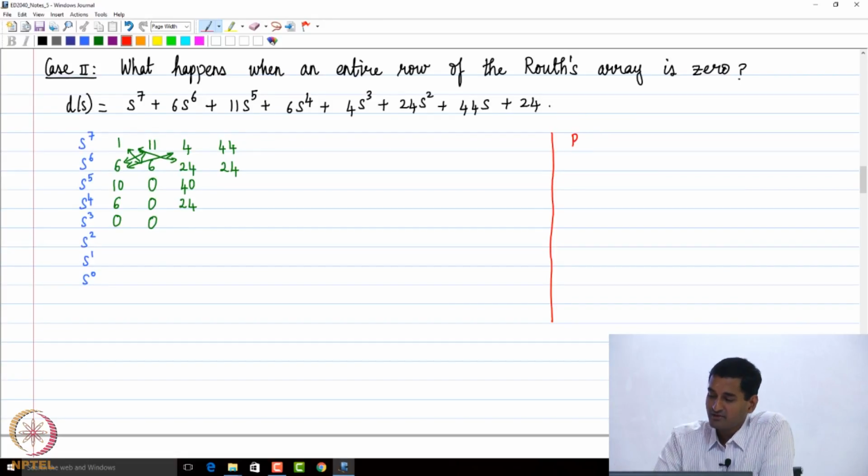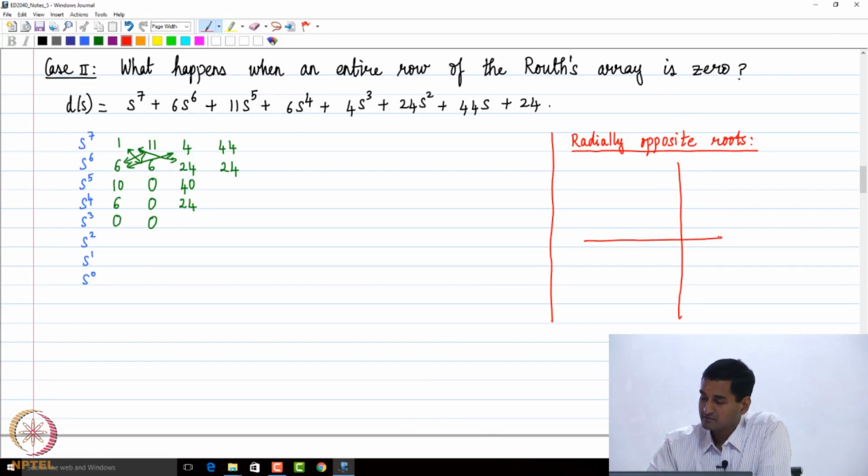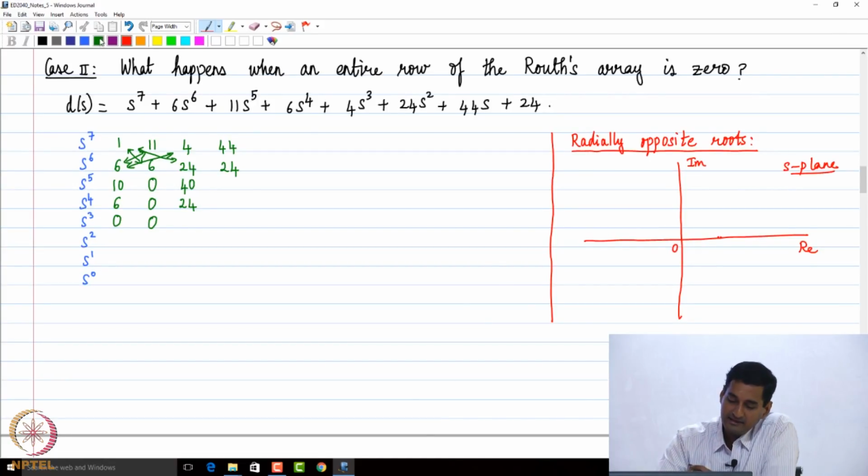Before we figure out what to do, let's learn a term which I am going to use here: radially opposite roots. What can one mean by radially opposite roots? For example, let us say I take the s plane, and I consider -3 and +3.